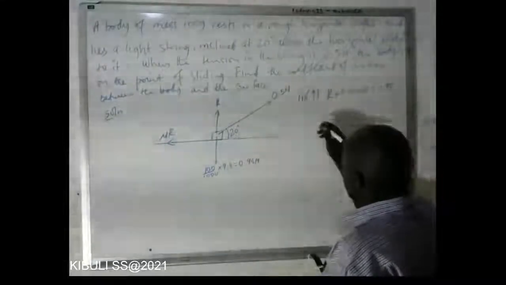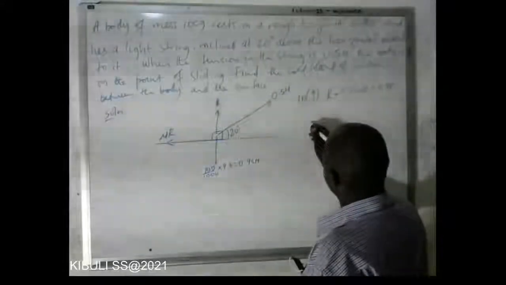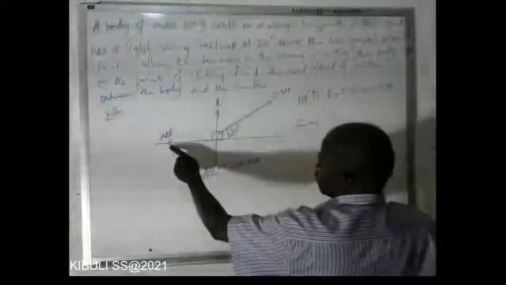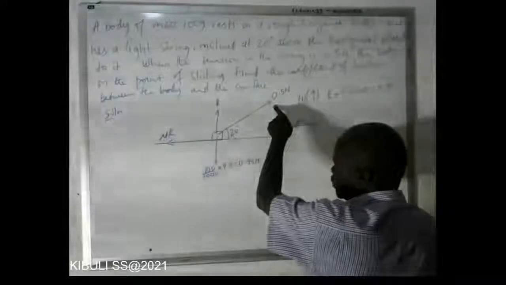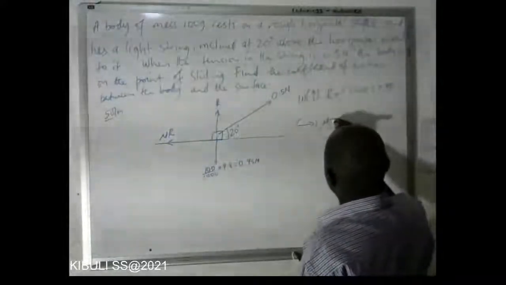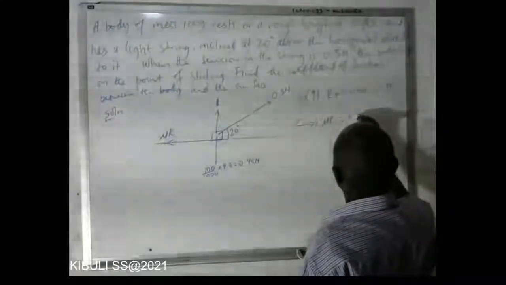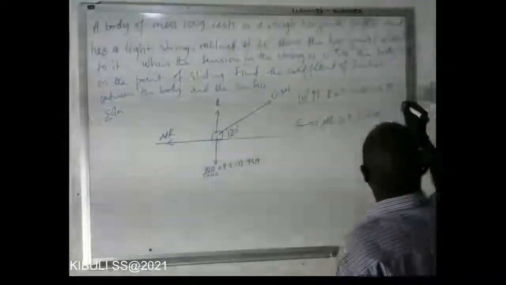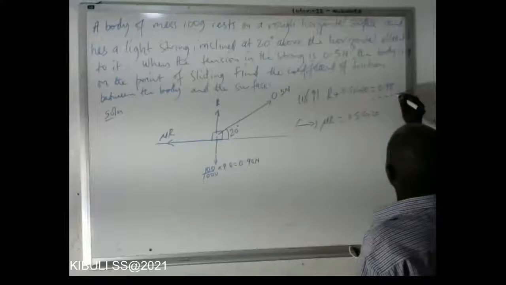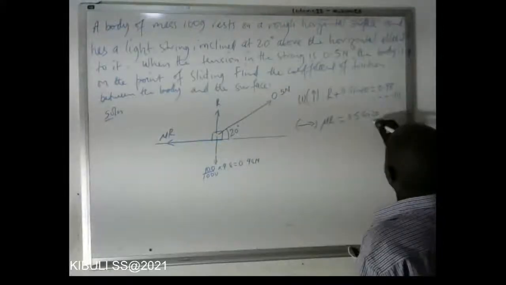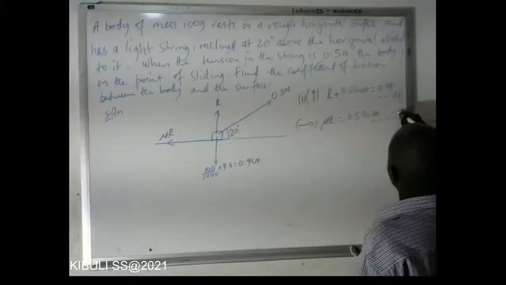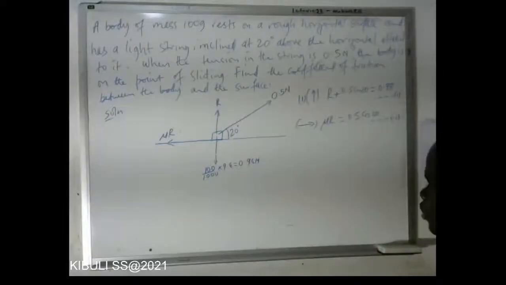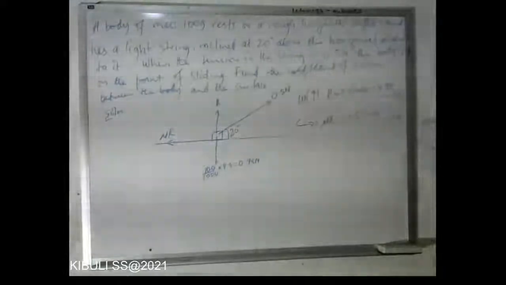Then when we resolve the forces horizontally, this force will be equal to the horizontal component of this. So mu R is equal to 0.5 cosine of 20. We can call this equation 1 and this equation 2.